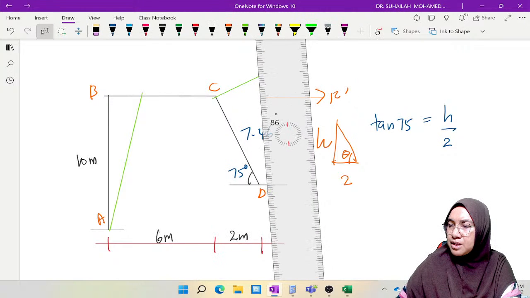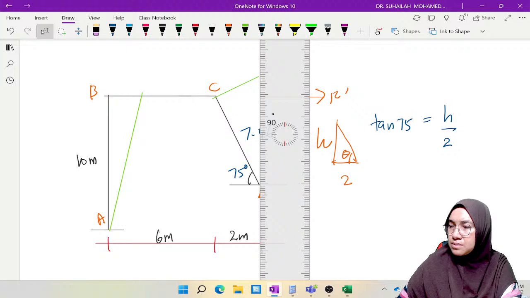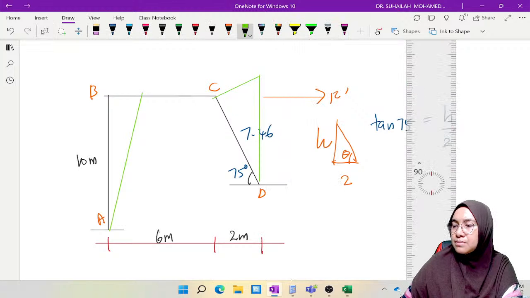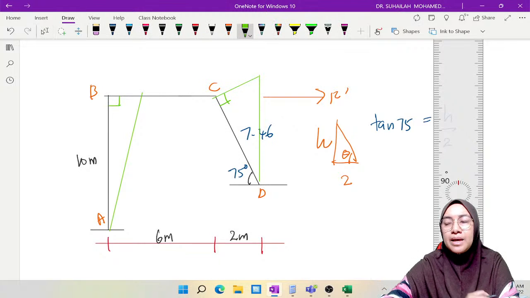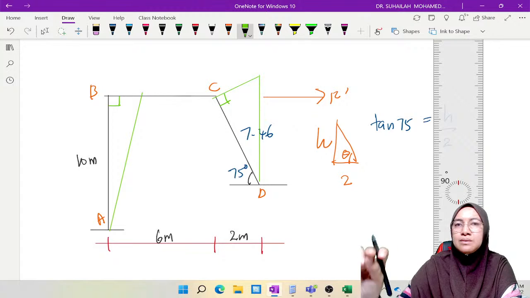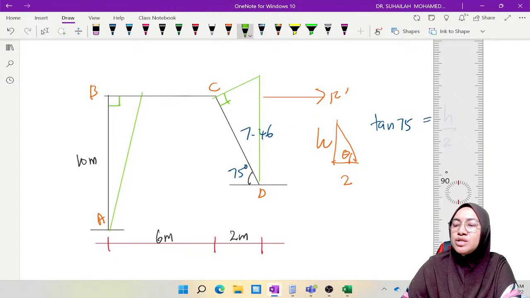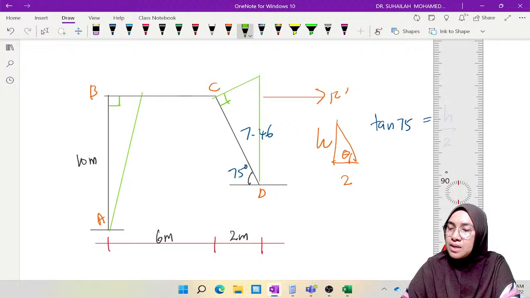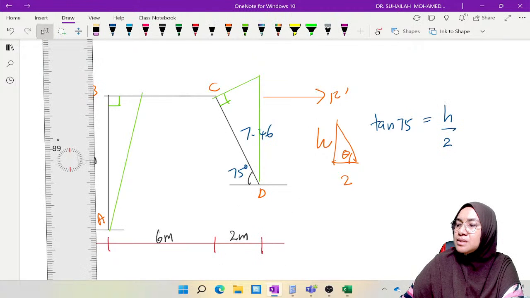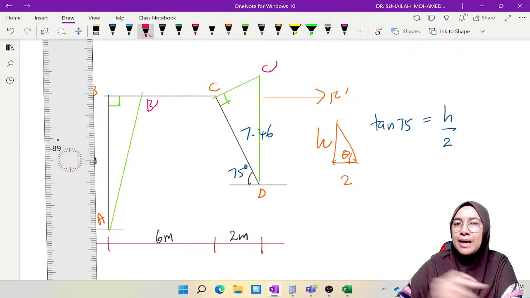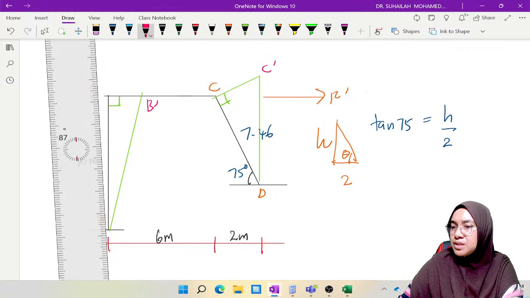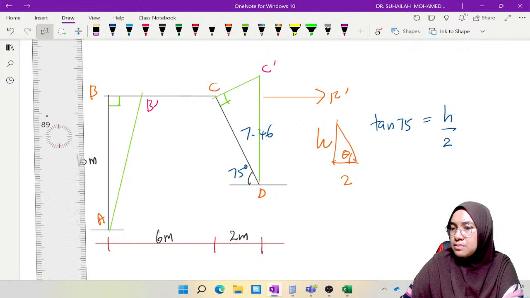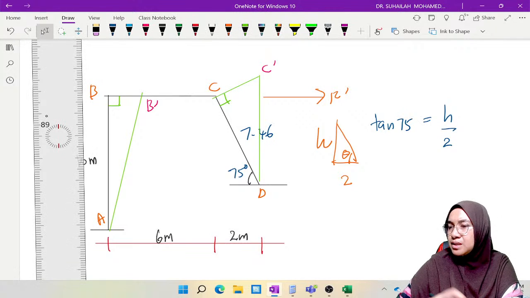So this is perpendicular, this is perpendicular. So there is a vertical distance between the lowest position and the highest position. So we have the distance between B prime and C prime, which is the vertical displacement.